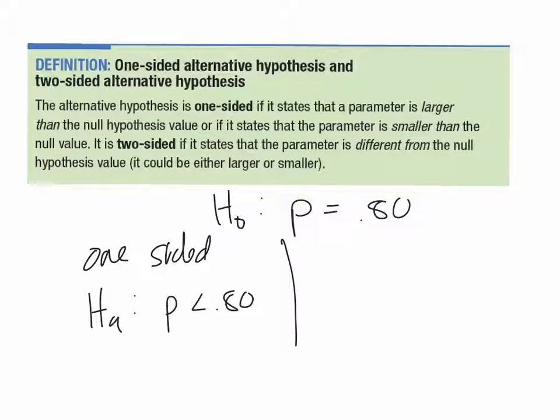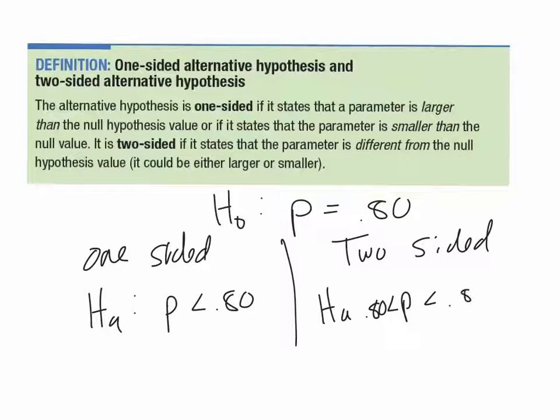Now, in some cases, we're interested in a two-sided, where we would say, well, we care if it's both below and above. We care if it's not 80. So we would be looking at an alternative hypothesis of P being greater than 0.80 in this case, or less than 0.80.